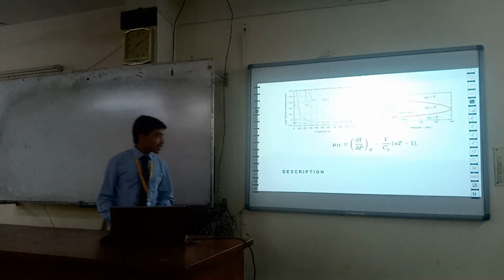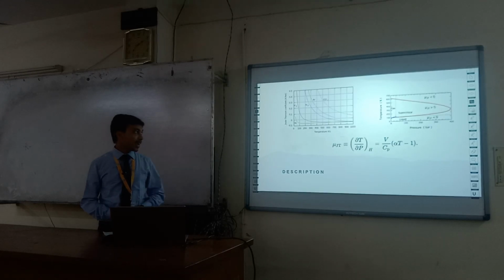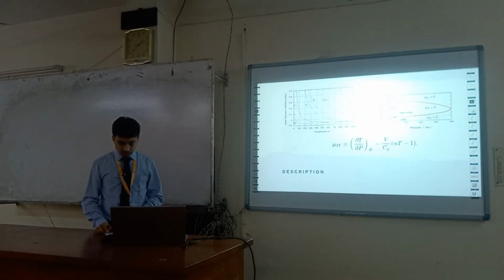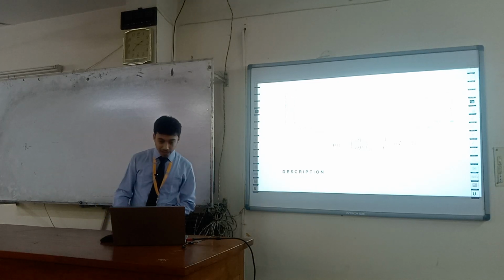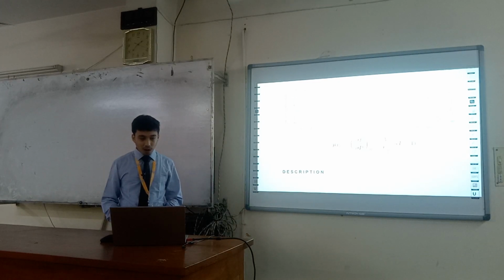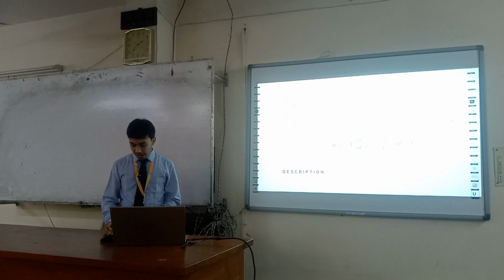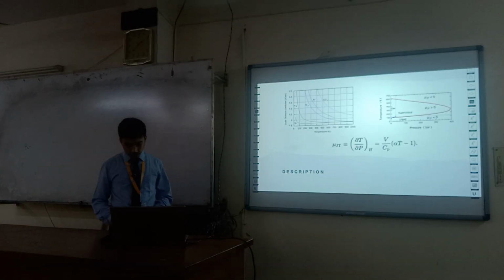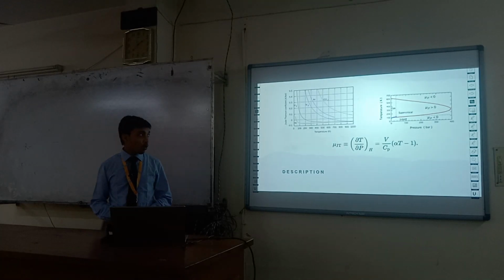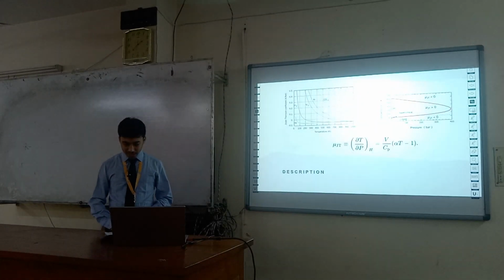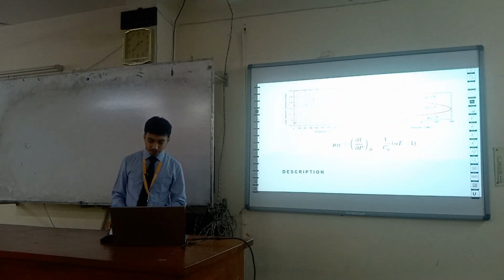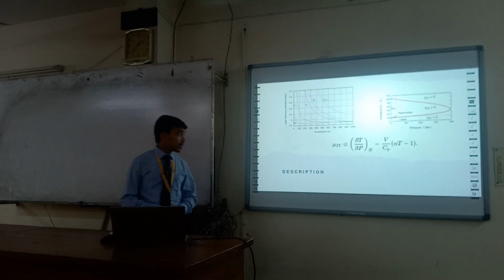If the expansion process is reversible, meaning that the gas is in thermodynamic equilibrium at all times, it is called an isentropic expansion. In a free expansion, on the other hand, the gas does no work and no heat is absorbed, so the internal energy is conserved.